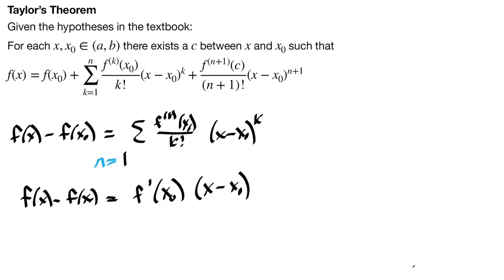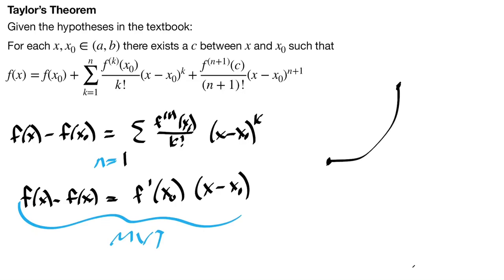And if you look at this, this looks a lot like our mean value theorem. And that's because what is the mean value theorem really saying? It's saying something about if you have 2 points and a line that goes through them, the slope of the function in that range.